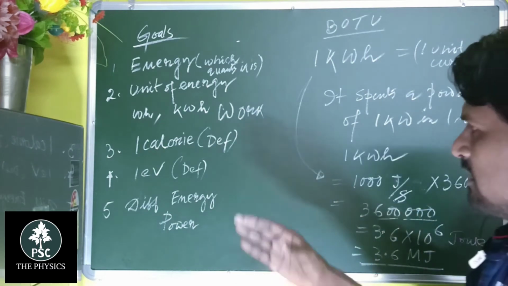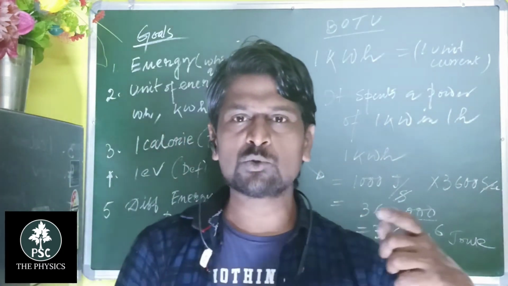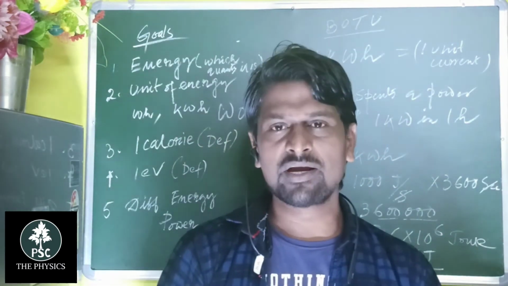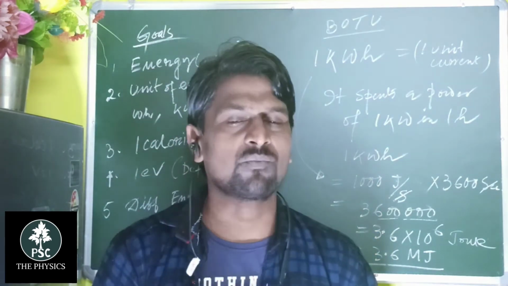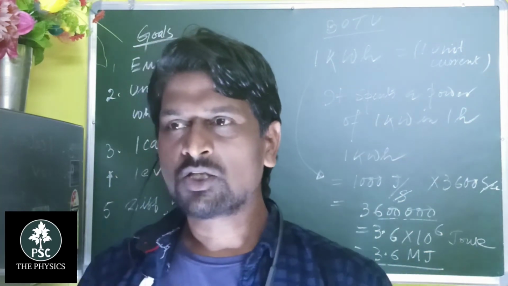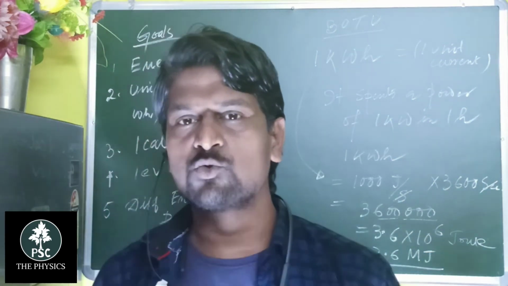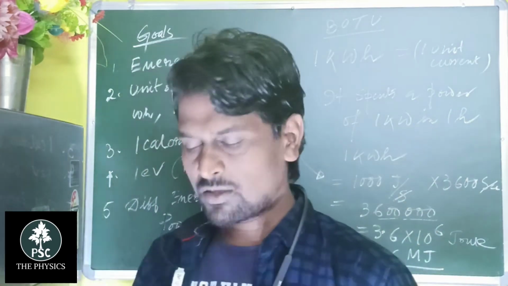Then basically heat energy is always converted into some energy. Energy cannot be created nor destroyed; it is somehow transferred, so energy transformation is always interconnected. When you do some work, your work is converted into heat, and obviously you have to know the SI unit of heat.